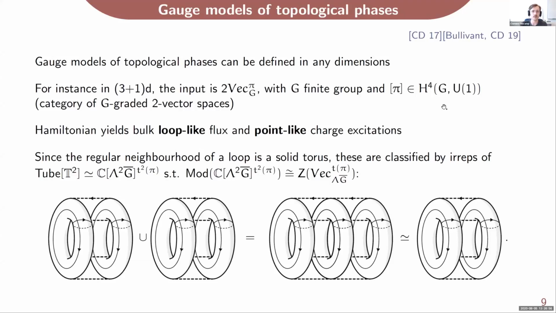And my elementary loop-like excitation will be classified by irreducible representations of the corresponding tube algebra, where the tube is now not exactly a cylinder, it's more like a three-dimensional generalization of a cylinder, where I take a torus cross an interval. And below, I drew the topological operation that underlies this tube algebra, which is I take two copies of this three-dimensional cylinder, I glue them, identifying the boundary conditions and so on. And then again, via some diffeomorphism, I can recover the original topology.